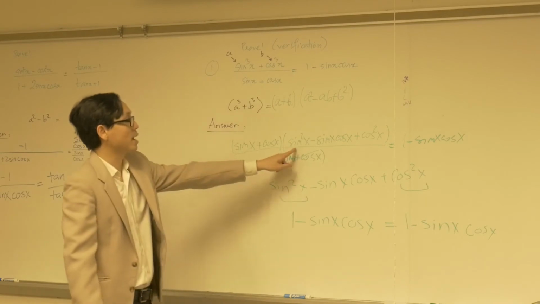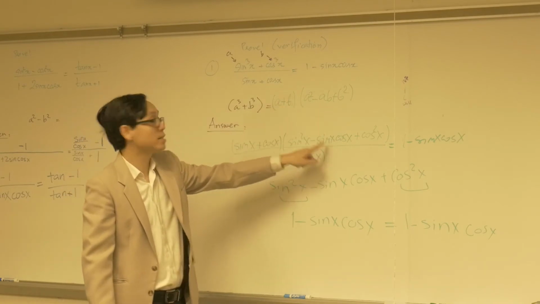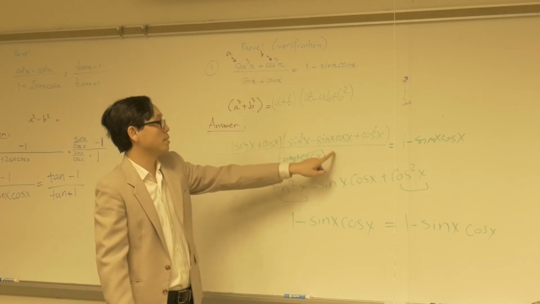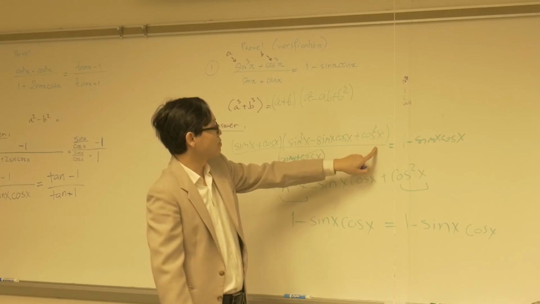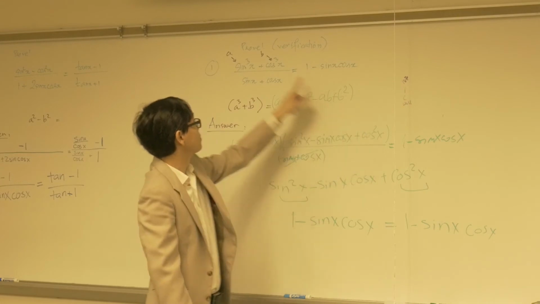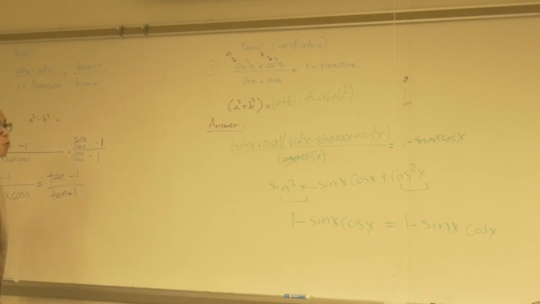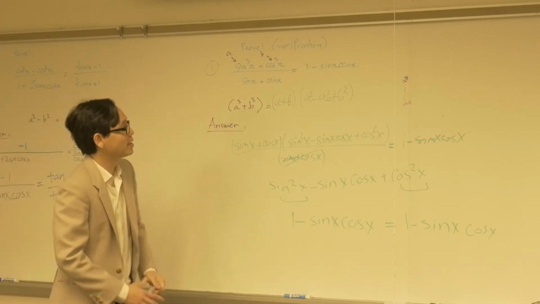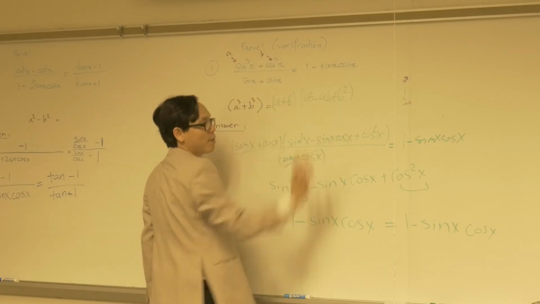A squared means sine squared, minus A times B, so minus sine cosine multiplied by each other. That's good. So far so good. Plus B squared. Okay, so B is cosine plus cosine squared. Very good. Alright. So they want to verify somehow, step by step, that everything on the left hand side equals the right hand side.